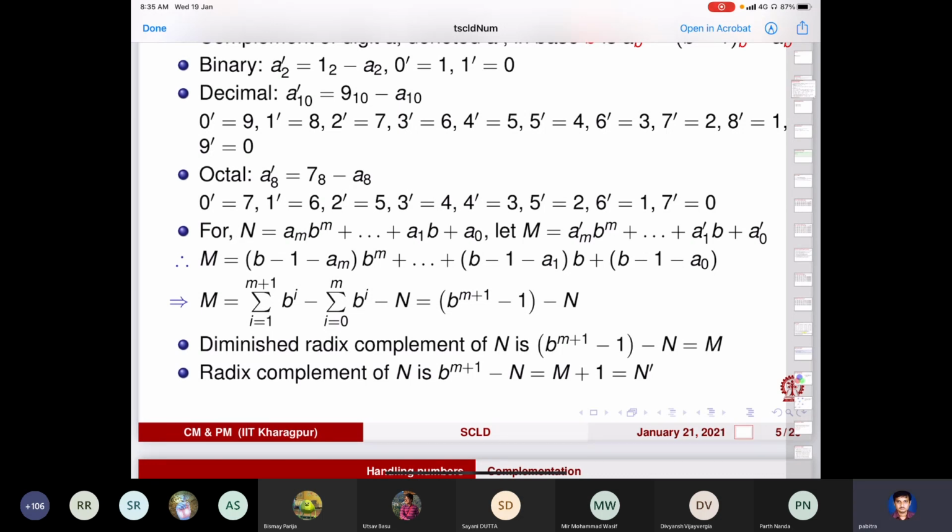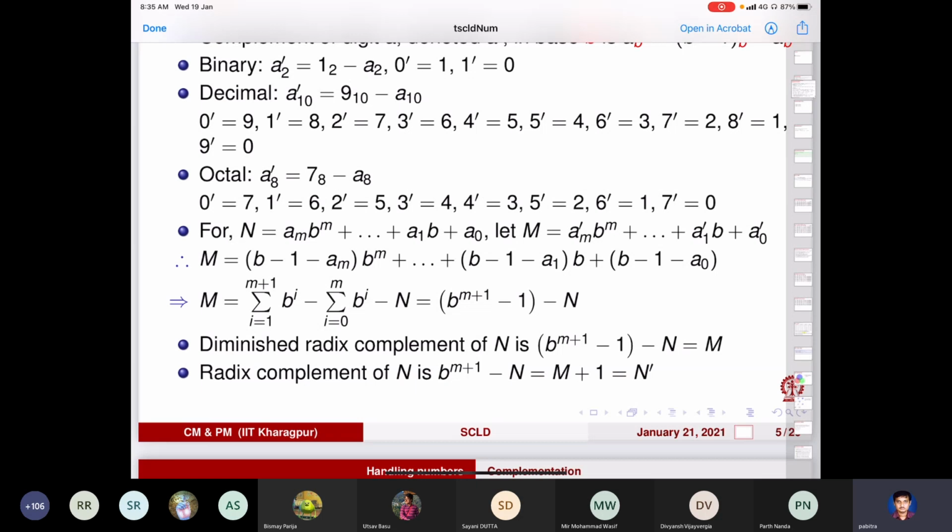So can anybody tell what is the relation between m and n from this expression? If we add m plus n, what do we get? Earlier I said that if you add a digit and its complement, you get the highest digit in that base. So if you add 7 with its complement 2, you get 9, which is the highest digit.